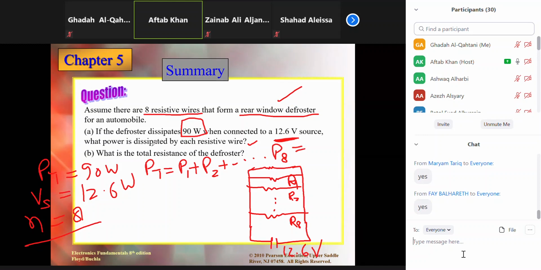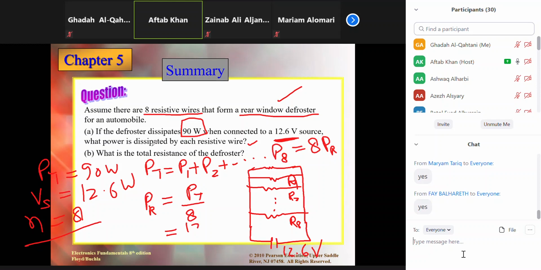So it is like 8P. Understand? Then we can say the individual power, or PR, any resistive power, is going to be PT over 8.